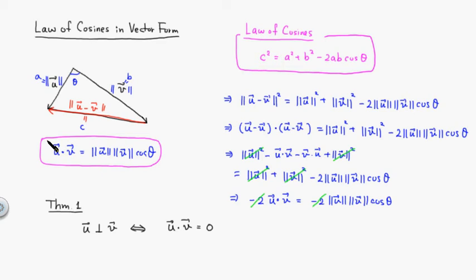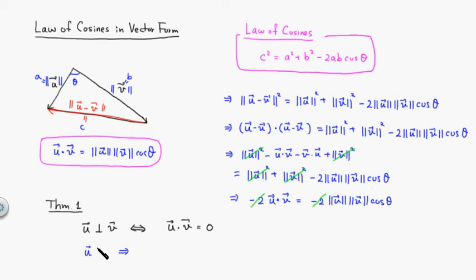It says: two vectors are perpendicular if and only if their dot product is equal to 0. Let's see if we can prove that. Let's prove this direction first.